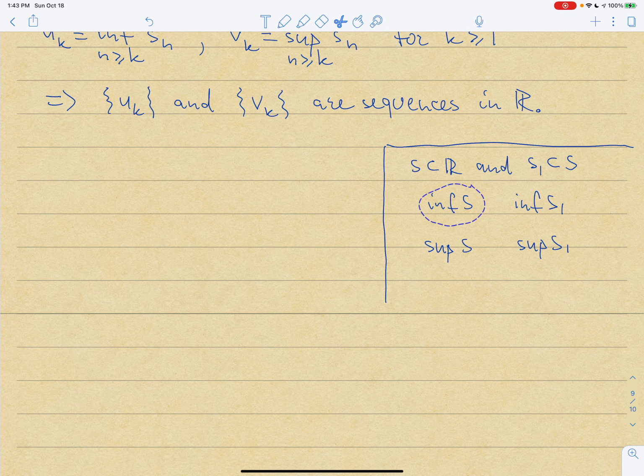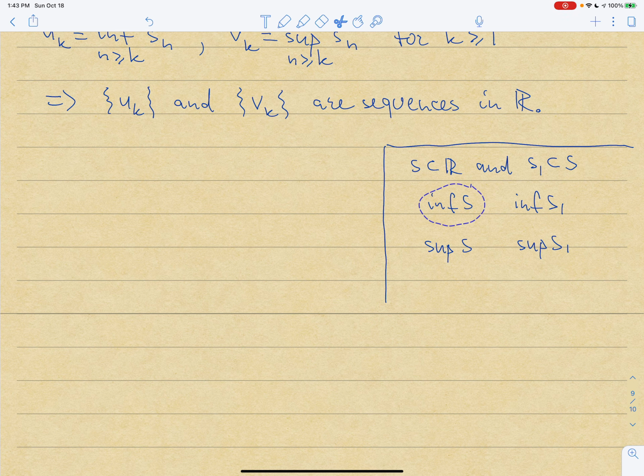So that means that all those elements are still bounded from below by infimum of S1. And then S has more elements. So some of these elements can be larger than this infimum, and some elements can be smaller.